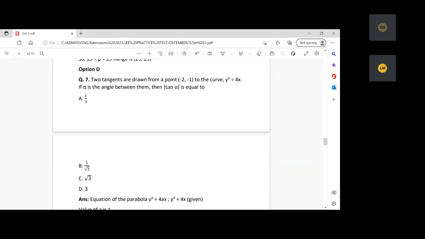Just read the question carefully. So I hope we can start solving it.